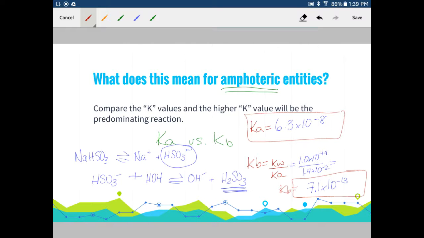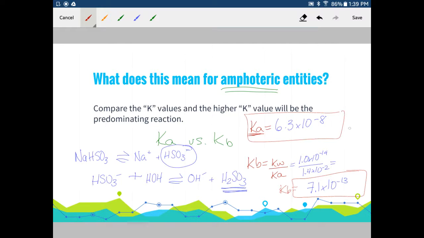Okay, so the Ka value that we see here is 6.3 times 10 to the negative 8. Now, relative to this number here, 7.1 times 10 to the negative 13, negative 13 is a very significantly smaller number than our negative 8. So our Ka value for our hydrogen sulfite ion exceeds, it masks this other reaction.